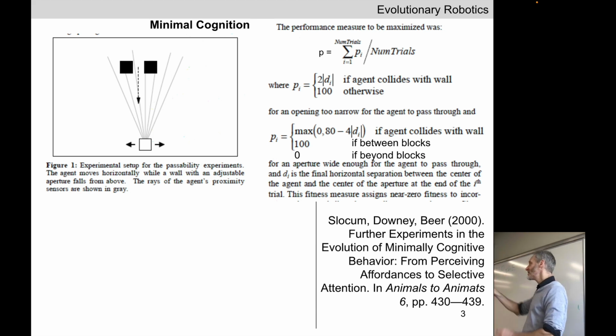At the end, you take out the CTRNN that had the highest p.